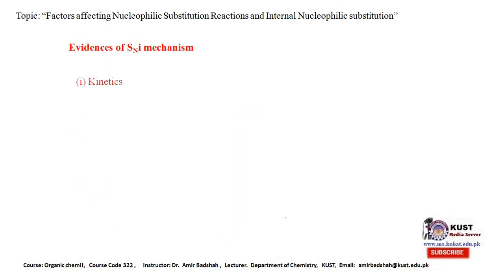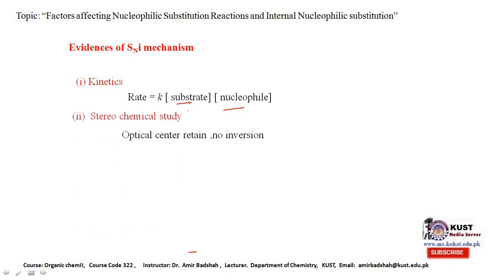Now, what are the evidences of the SNi mechanism? The first one is kinetics, because it is affected both by the concentration of the substrate as well as by the concentration of the nucleophile. So the kinetics of the SN2 reaction is second order. It is a bimolecular reaction.